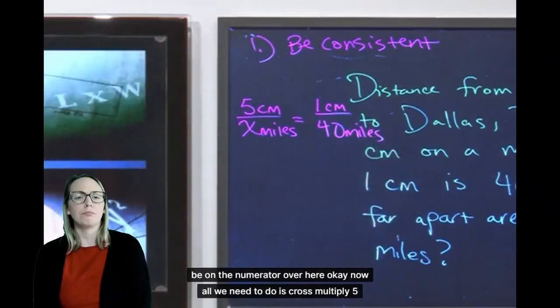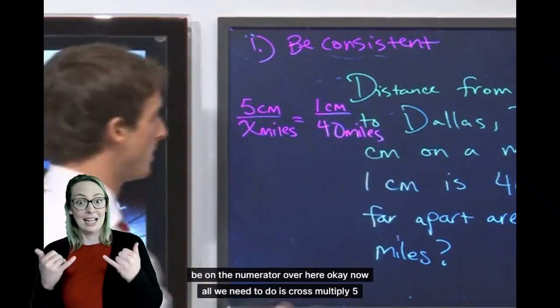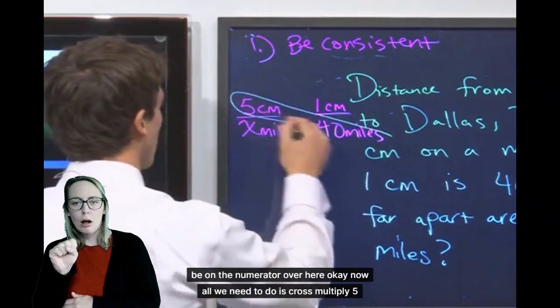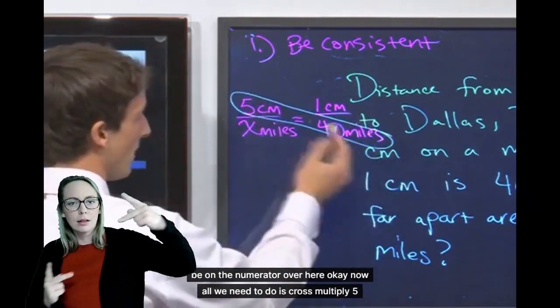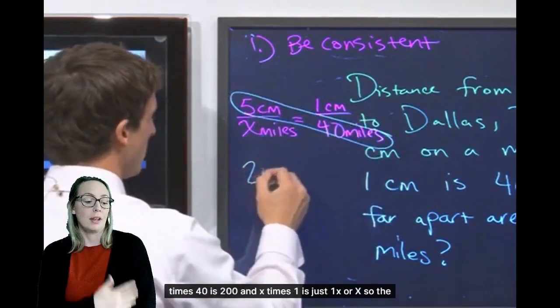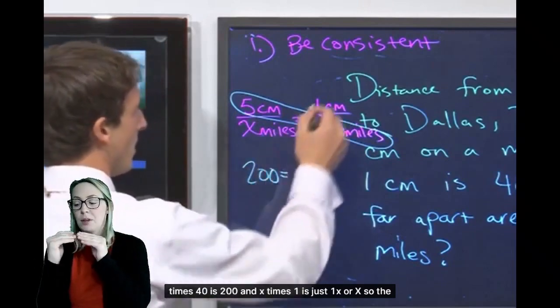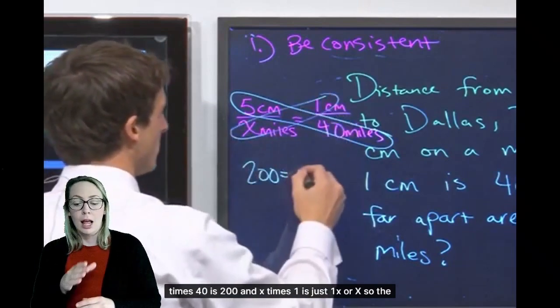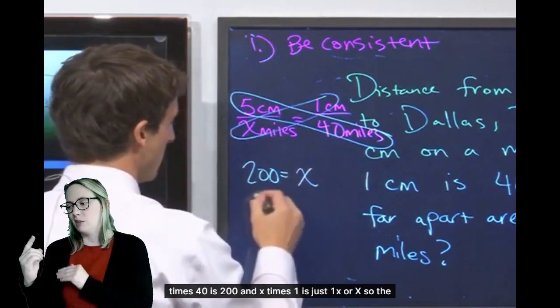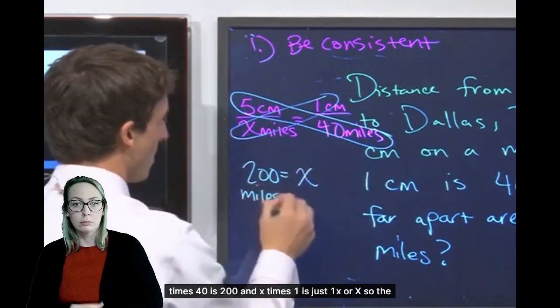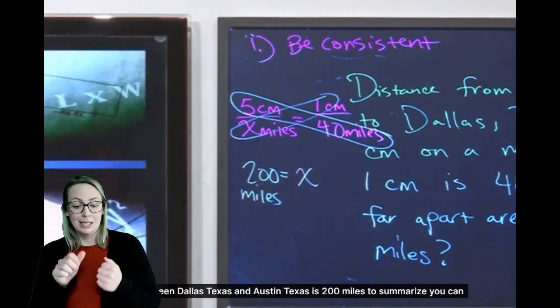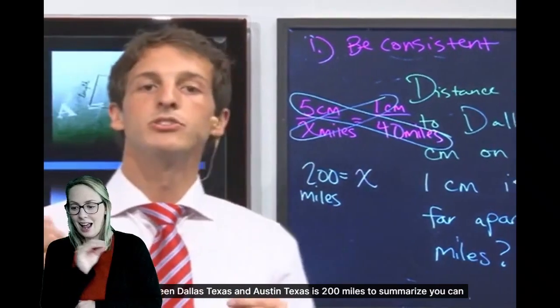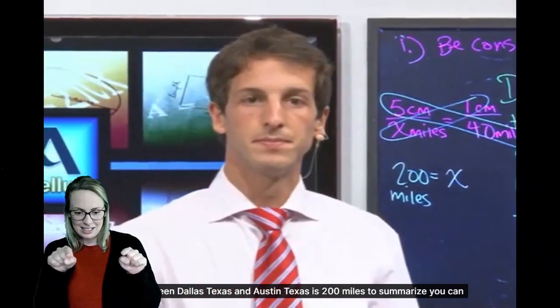Okay, now all we need to do is cross multiply. 5 times 40 is 200, and X times 1 is just 1X, or X. So the distance between Dallas, Texas and Austin, Texas is 200 miles.